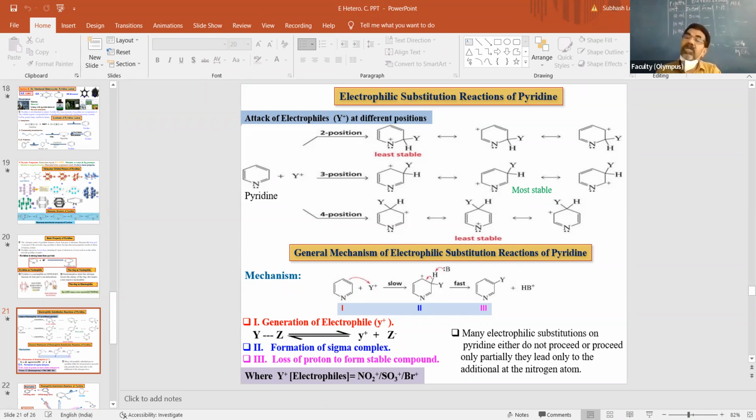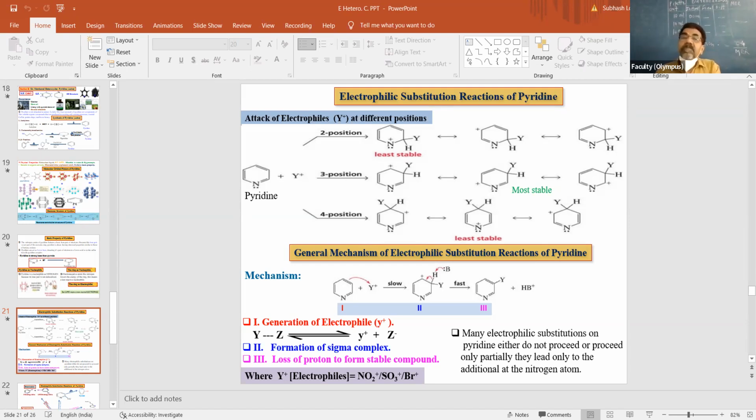Because the 2 position in the 5-membered ring is more stable, with more resonance and more electron richness. In pyridine, the nitrogen atom is electron withdrawing, hence the 2 position will be slightly less stable, and at the 3 position more electron density is available. That's why the incoming electrophile will attack the 3 position.